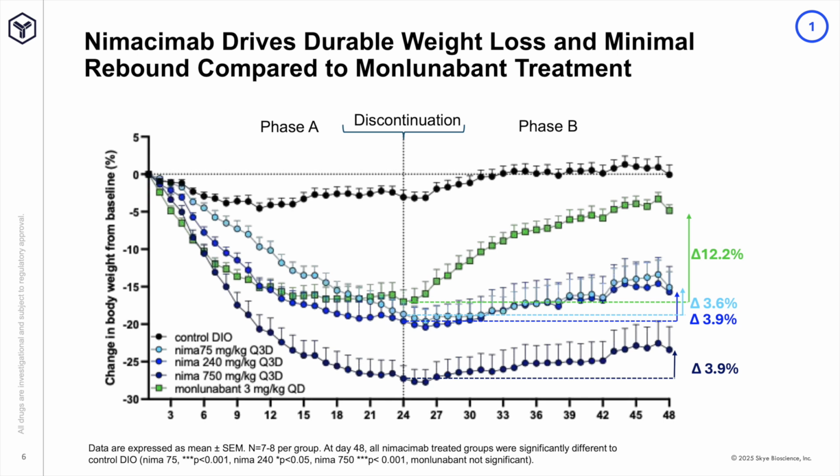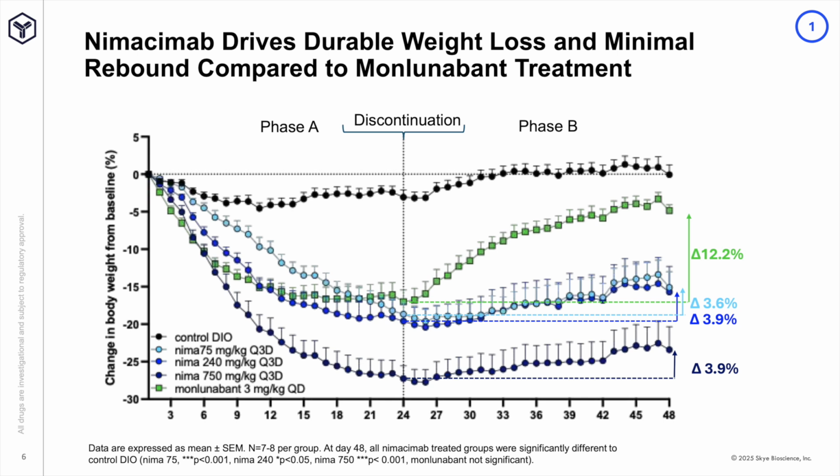Now, the other piece I'd like to highlight here is monlunabant. Very interesting that in the green squares, we see that monlunabant is able to drive weight loss early. And this, we think, is likely driven through the small molecule approach and the potential for engagement early on in the central compartment. We do see, however, at about 12 days, there's a sort of flattening of the monlunabant therapeutic in terms of the weight loss curve.